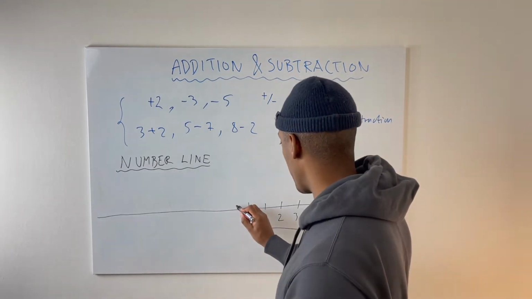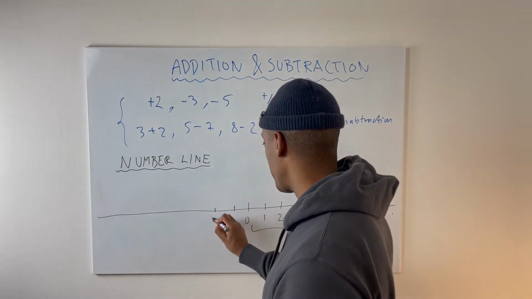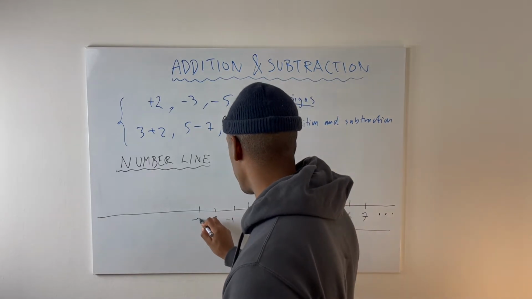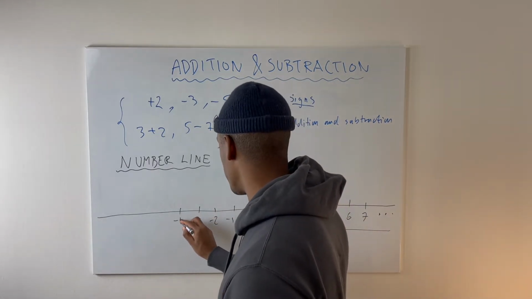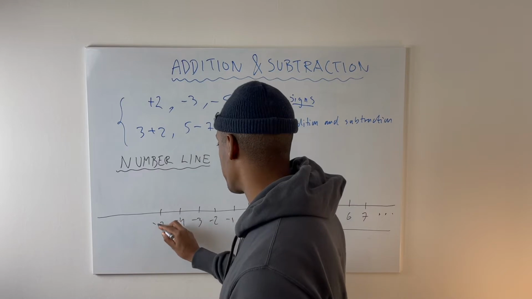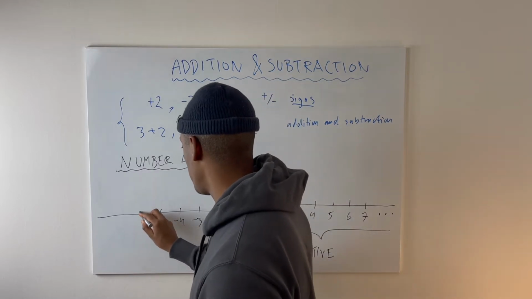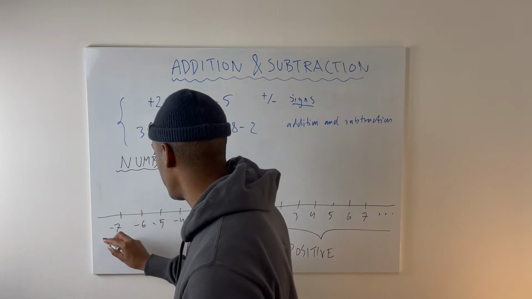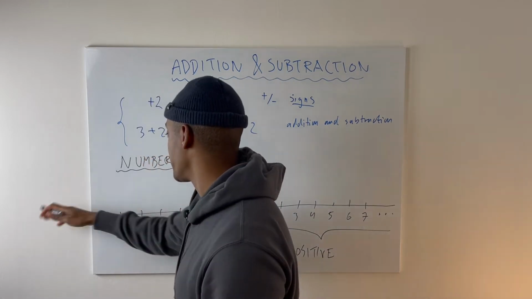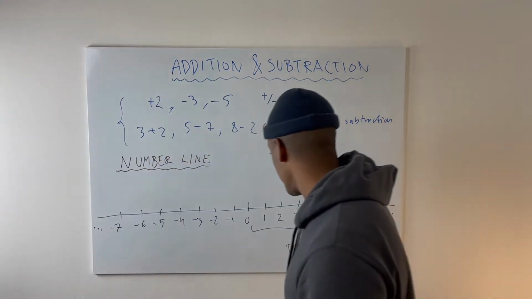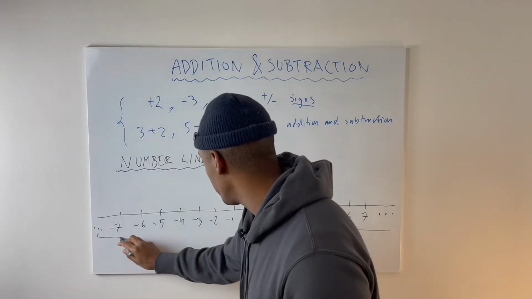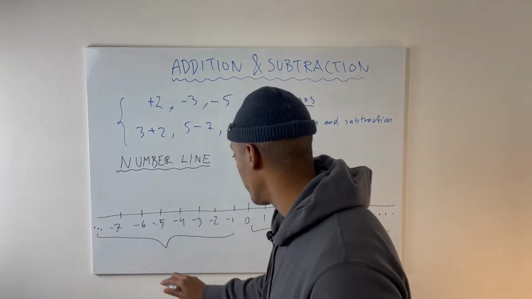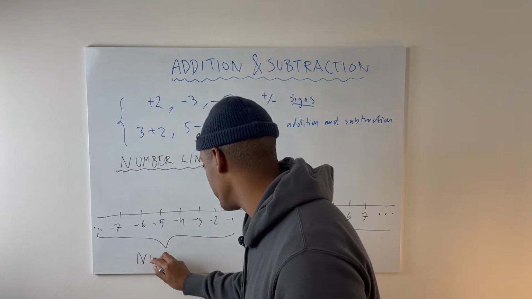So we are going like minus 1, minus 2, minus 3, minus 4, minus 5, minus 6, minus 7, and we keep going on like that. Minus 8, minus 9, keeps going. These numbers here are negative.